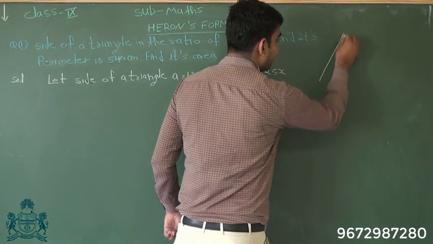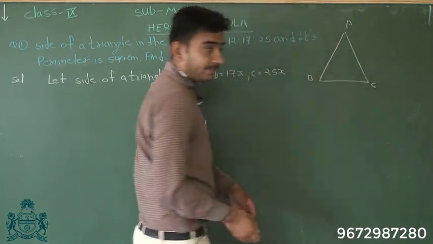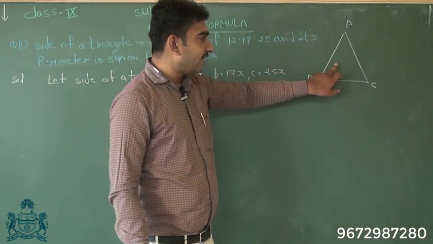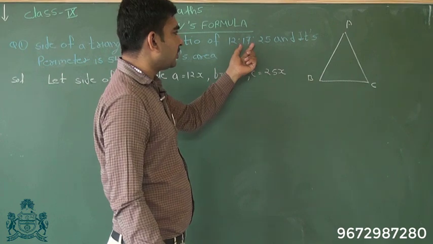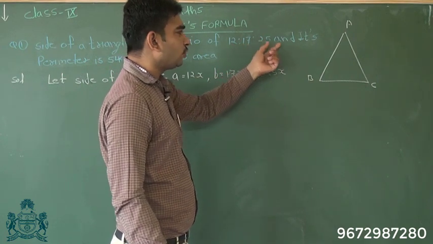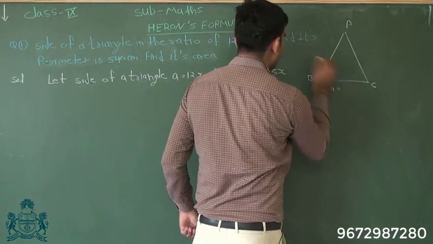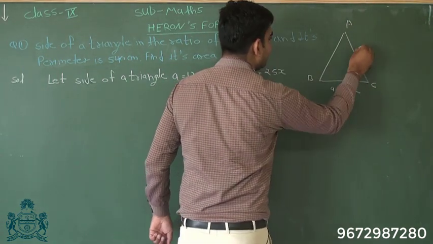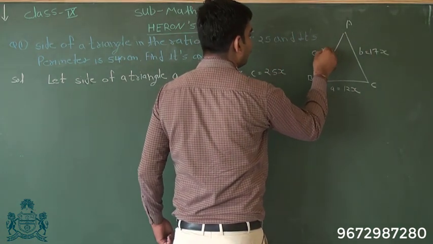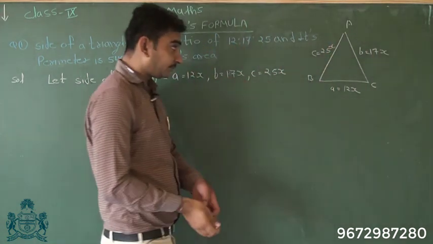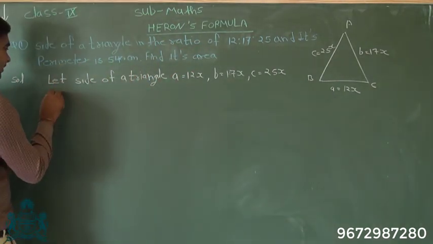In triangle ABC, the three sides AB, BC and AC are in the ratio 12:17:25. Let BC equal to a equal to 12x, b equal to 17x, c equal to 25x, and consider its perimeter.